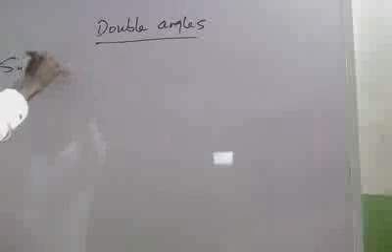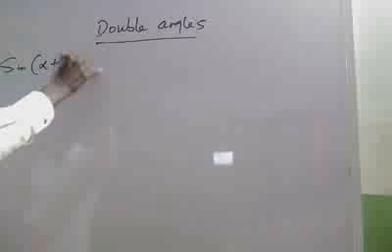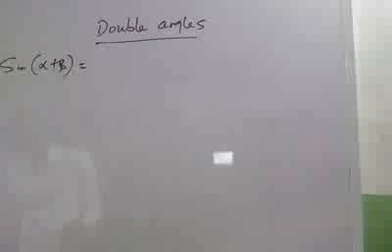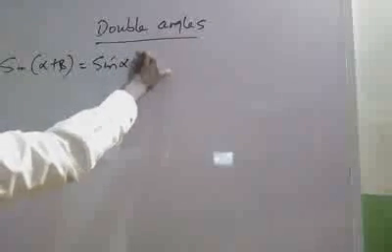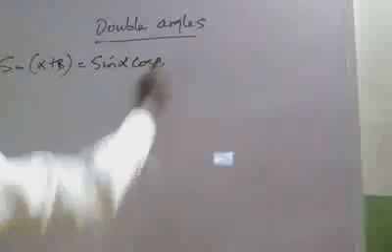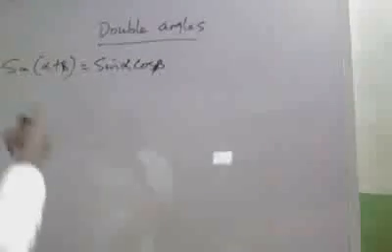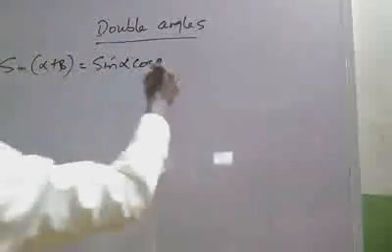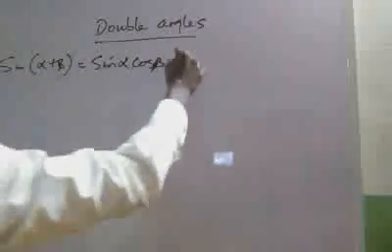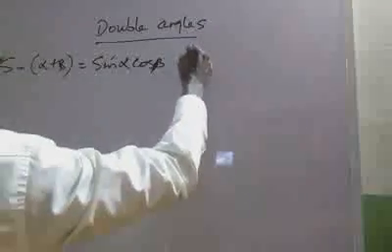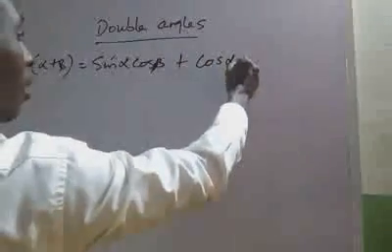Let's look at double angles. Given sine alpha plus beta, we've already said that this is the same thing as sine alpha cos beta plus cos alpha sine beta. In the first place we used A and B, so I just decided to change it so that you don't get confused.